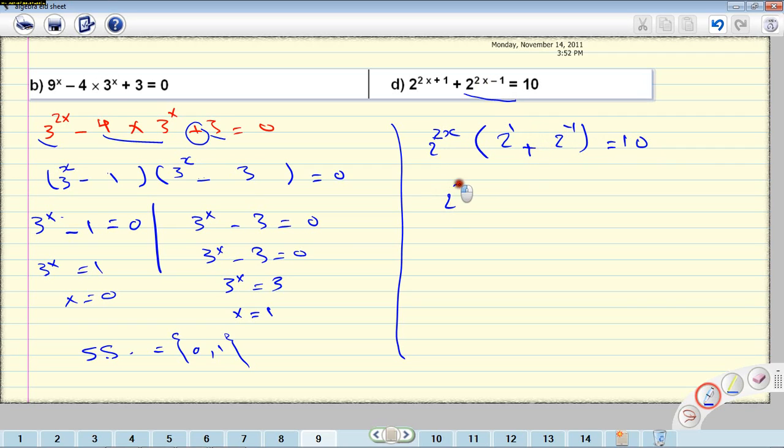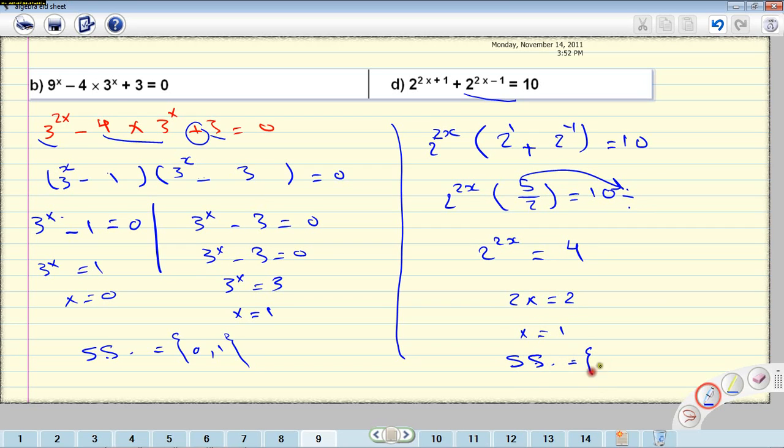So 2 to the power of 2x, and this on the calculator will be 5 over 2 equals 10. So 2 to the power of 2x, move the 5 over 2 here, so 10 divided by 5 over 2, which is 4. So 2x equals 2, which means that x equals 1. So the solution set is 1.